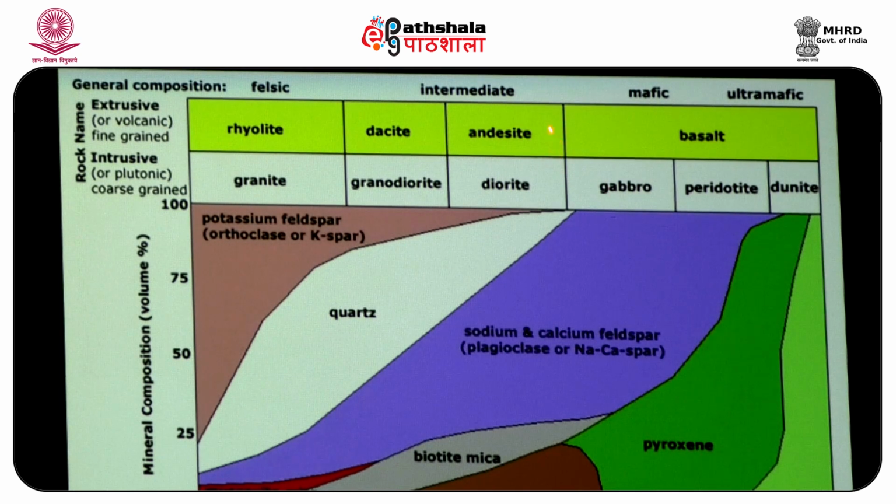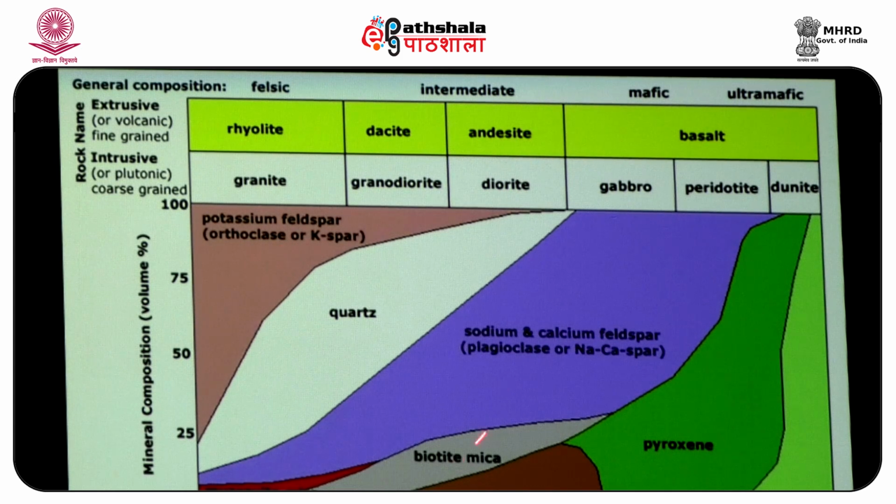So, what you see is that, approximately on this side of the diagram, we have more mafic minerals, magnesium and iron rich, and here you have more calcium rich feldspar.